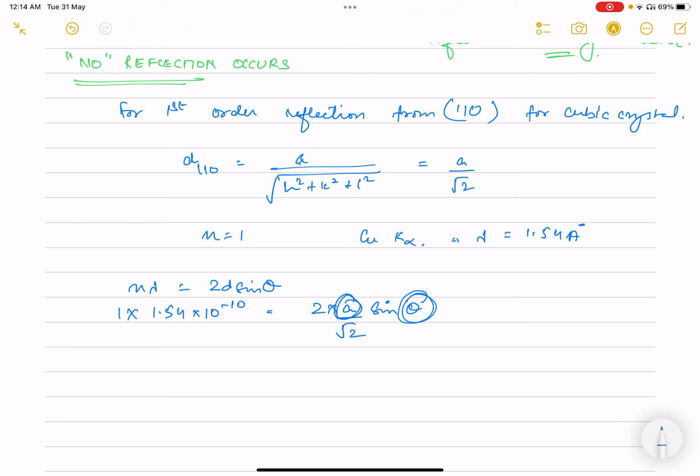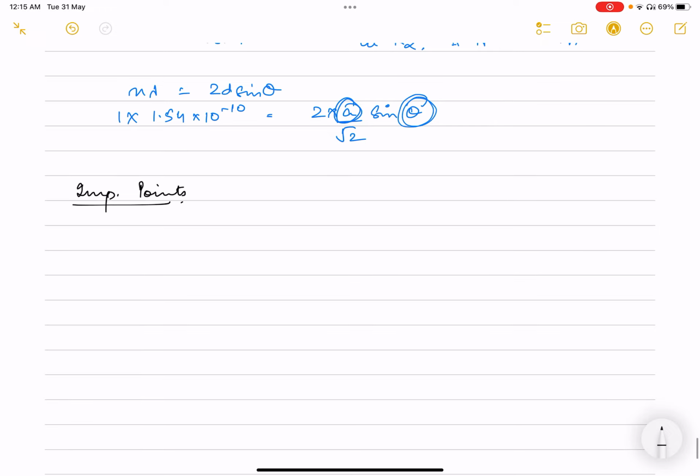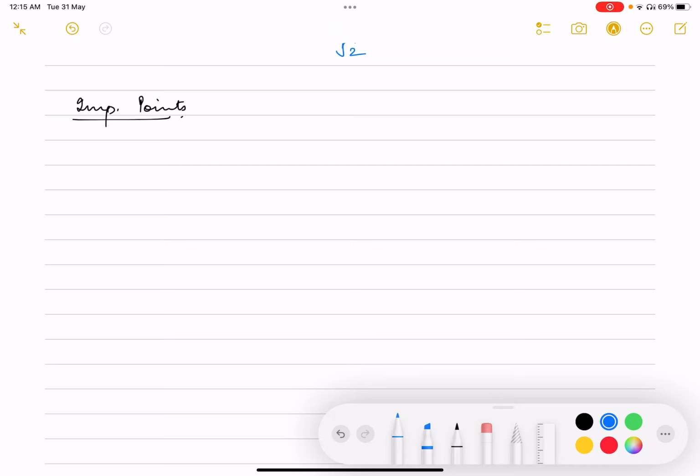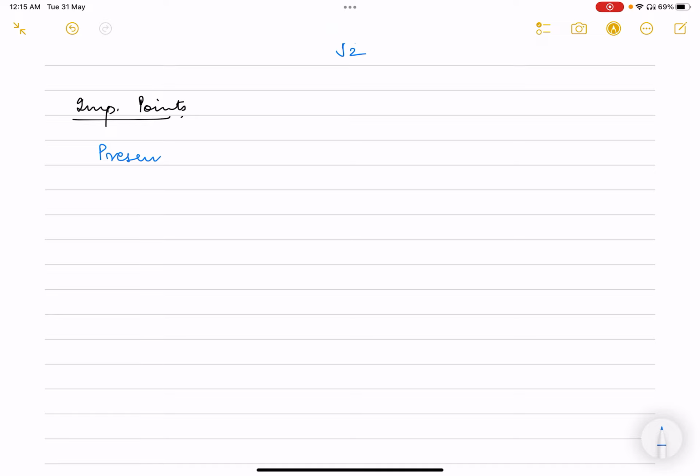Now, some important points. Presence of additional atoms in the unit cell at lattice points or as a part of the motif can alter the intensities of the reflection.